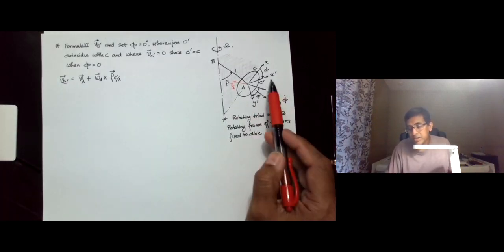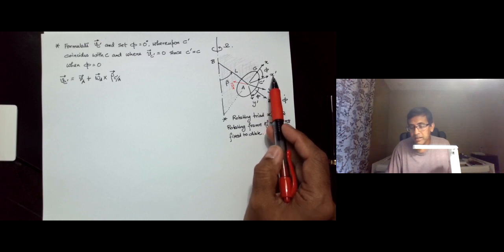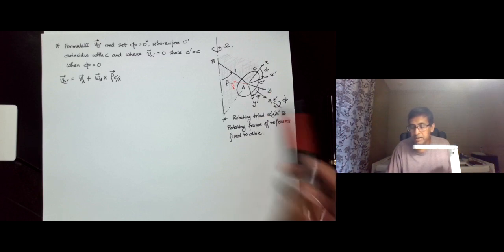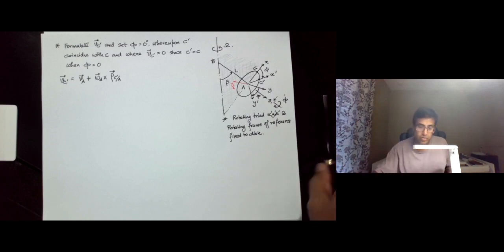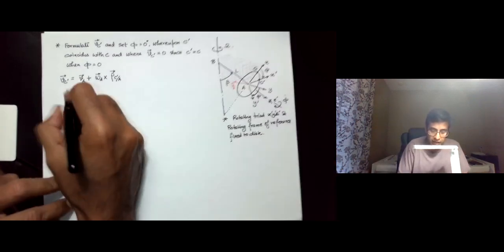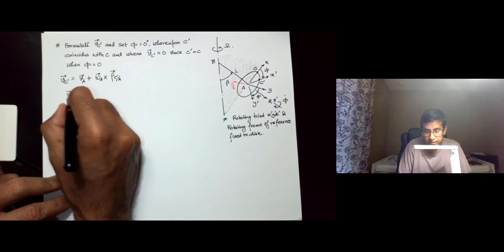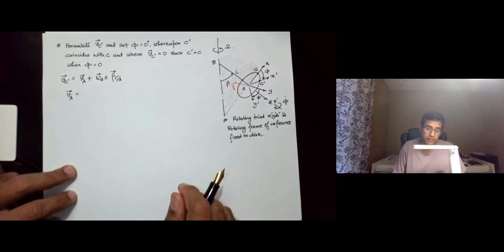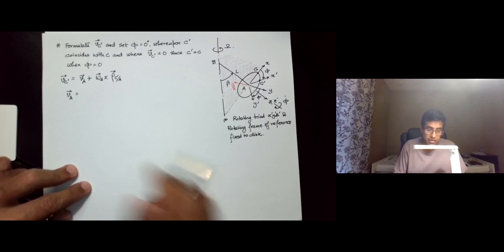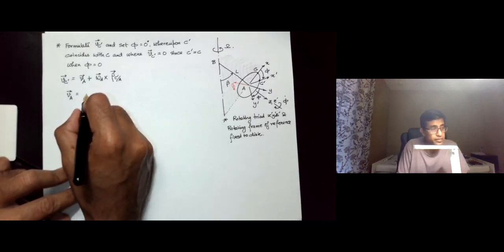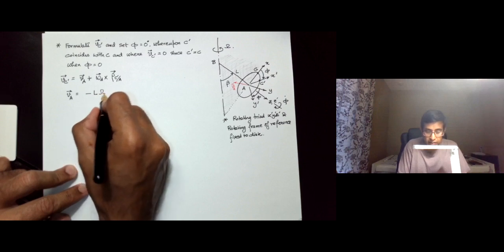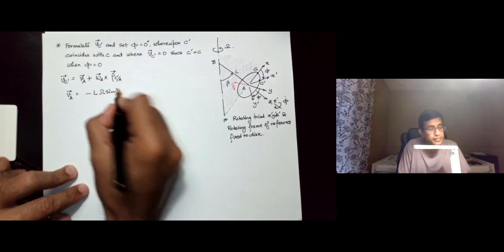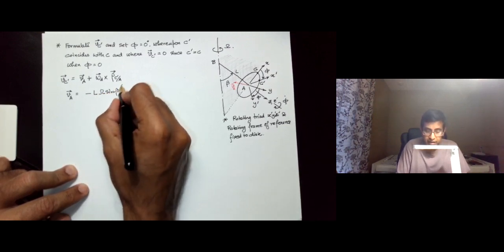Our ijk vectors are in the x prime, y prime, z prime directions. So we can say that VA is equal to, and if you go back to the earlier parts of this video you will see the formulation, but essentially it is negative L omega sine beta j.